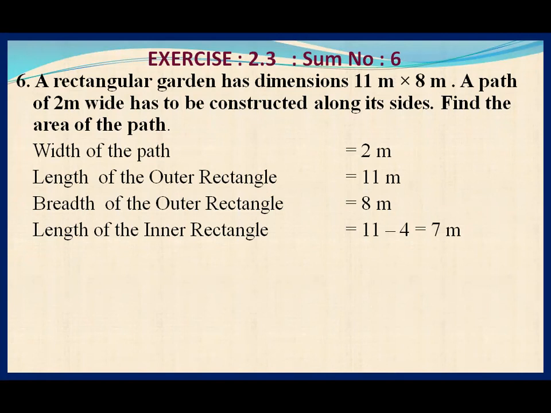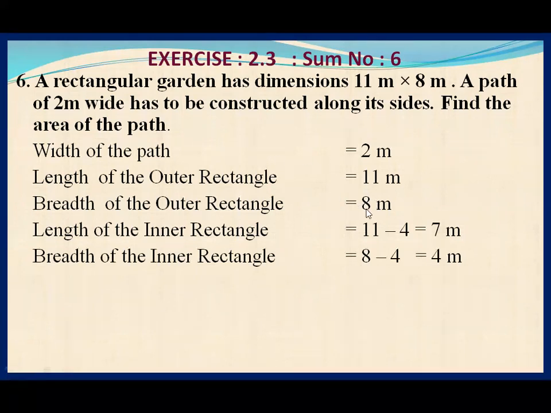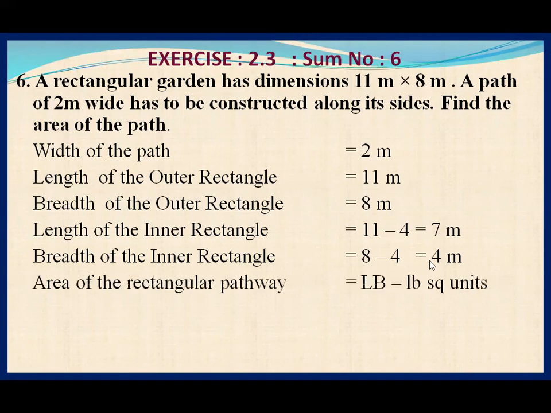Here the width is 2 meters, so we subtract 4, which is 2 times the width. Then you get the inner length as 7 meter. Similarly, inner breadth will be the outer breadth 8 meters minus 2 times the width, which is 4, which gives you 4 meter. So area of the rectangular path is 11 into 8 minus 7 into 4. 88 minus 28 is 60 square meters.